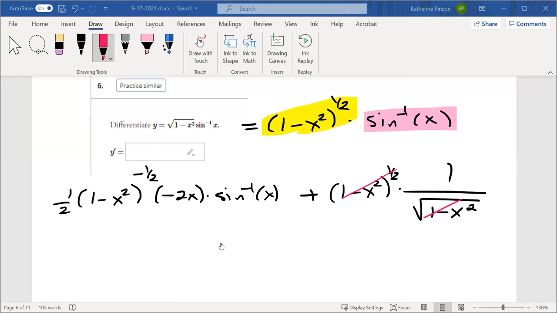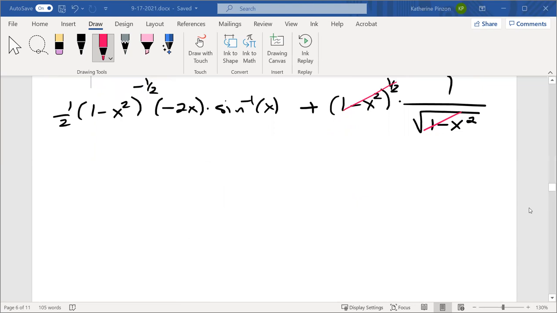That's sad. 1 minus x squared. Wait, I missed something. Here I need sine inverse, right? Yeah. I have it right now. Okay, let's see.